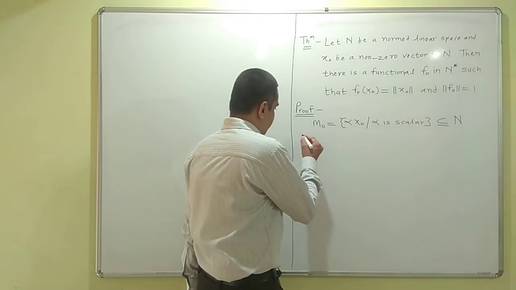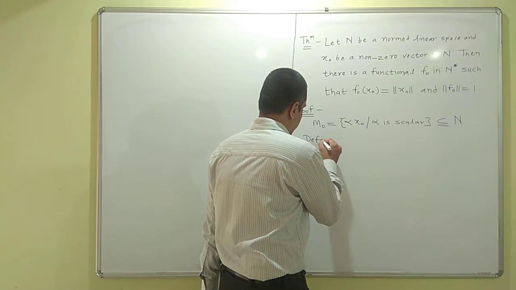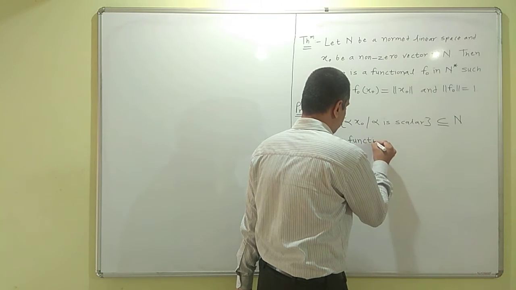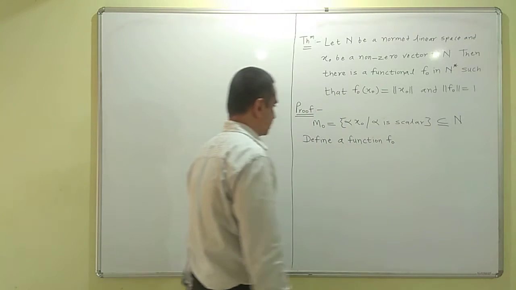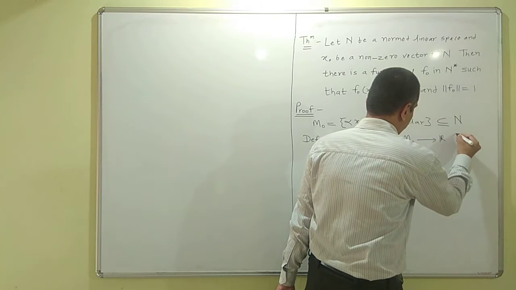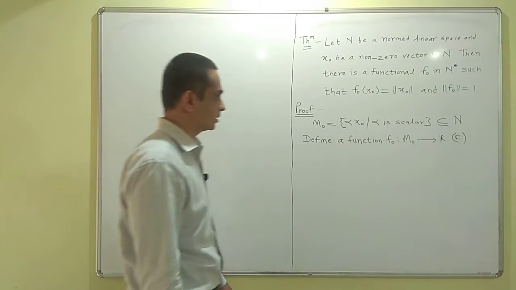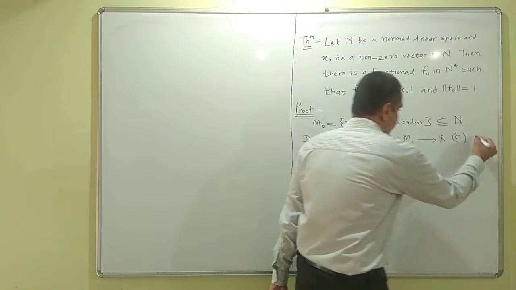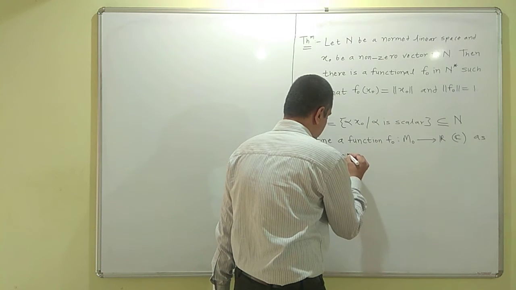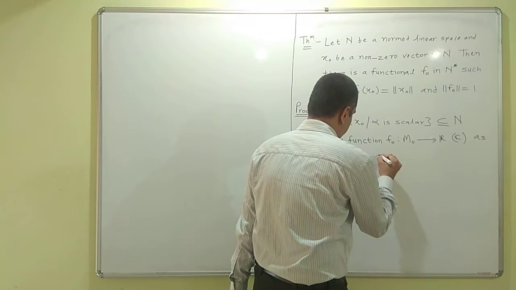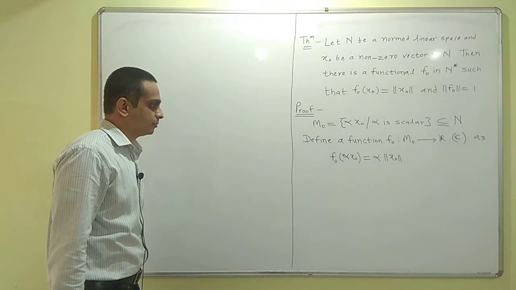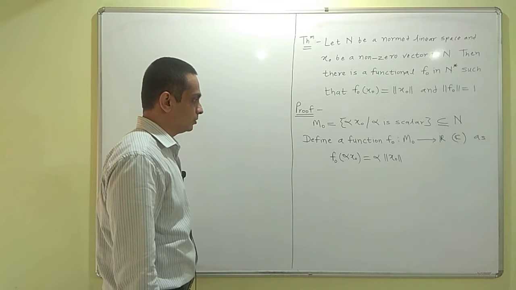Now we will define a function f0 from M0 to R or maybe C, depending on whether N is real or complex normed linear space, as f0 of alpha x0 is equal to alpha times norm of x0.